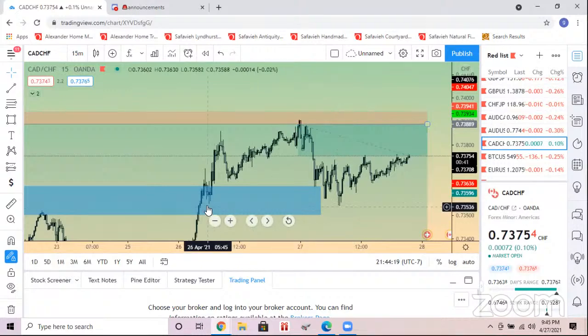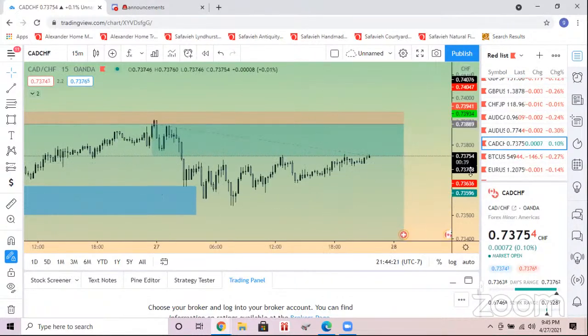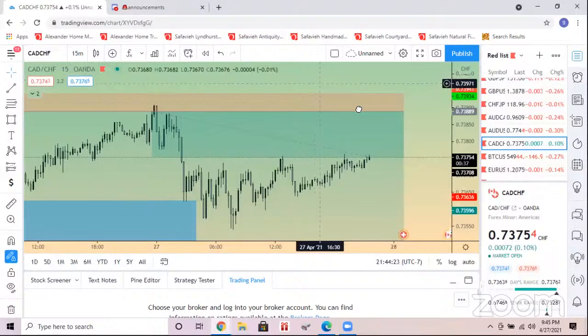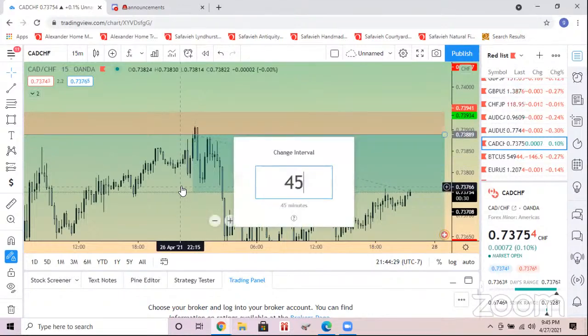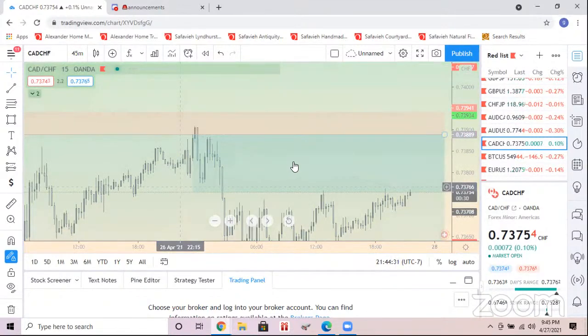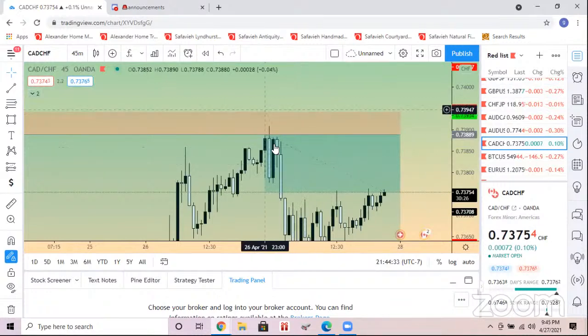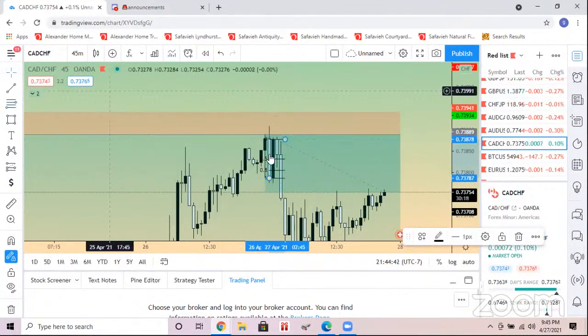But did it break below this? Okay, yeah. So could look for maybe a, let's see, what's this, 45? So that 45-minute right there, if we're looking to enter. Oh, crap. I did it backwards.